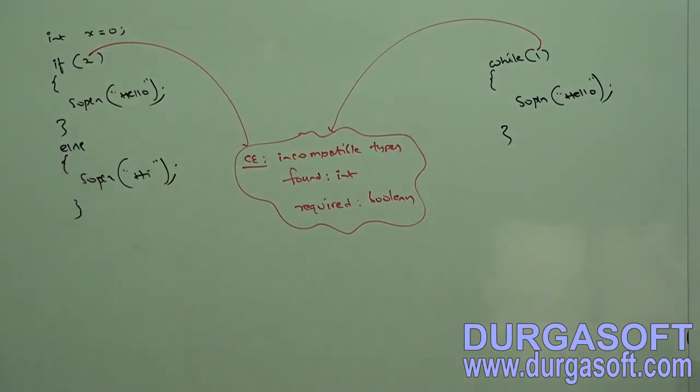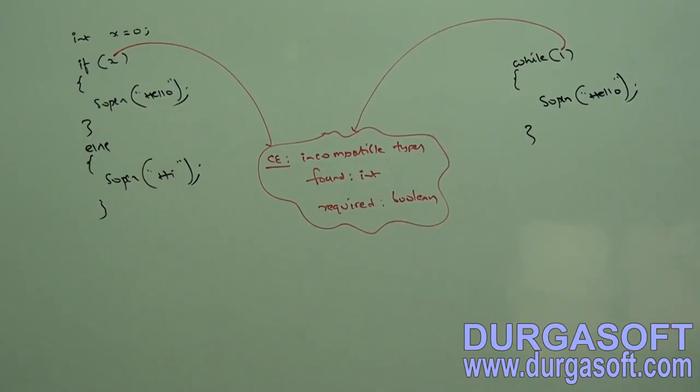Take this example. int x is equal to 0. if (x) SOP of hello, else SOP of hi.